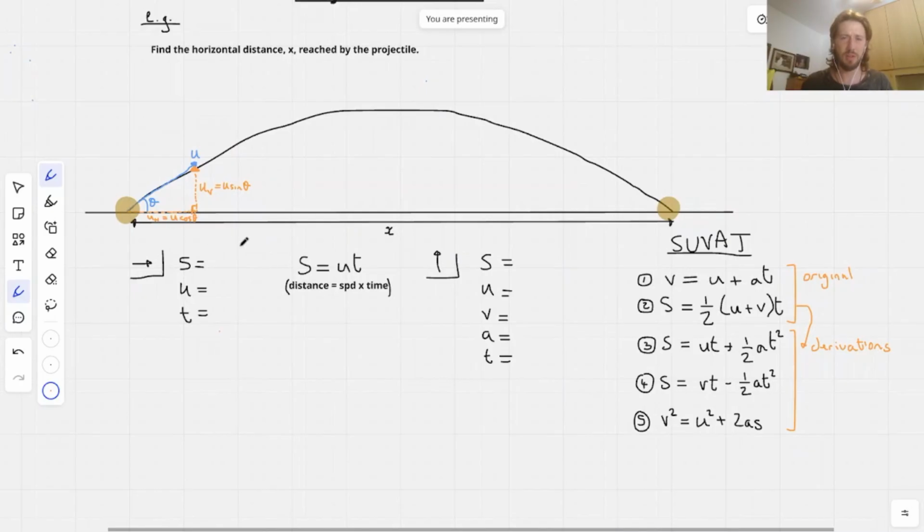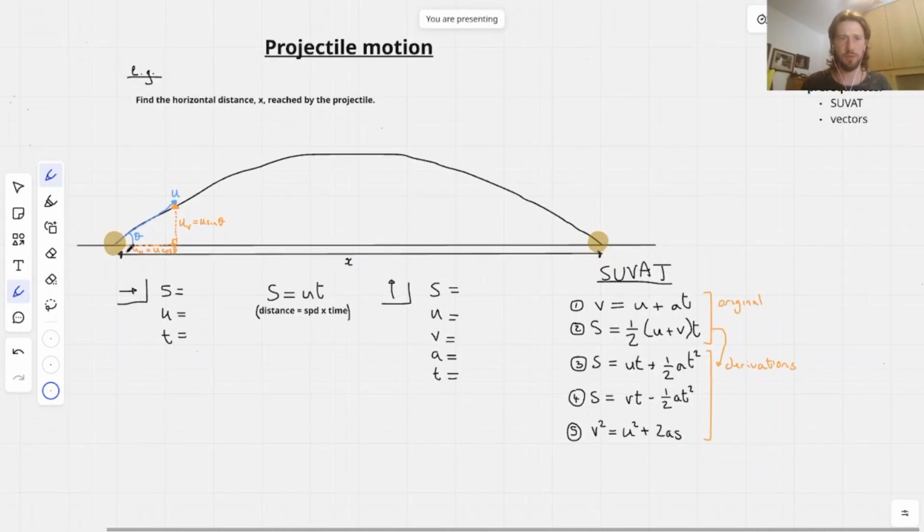Now, we start off by splitting it up and listing all the values. We try and fill in all the values that we know, and then later we'll see which ones we want to figure out. So what do we know? First, we know the horizontal component is u cos theta, just by the vector decomposition. So that'll be u cos theta here.